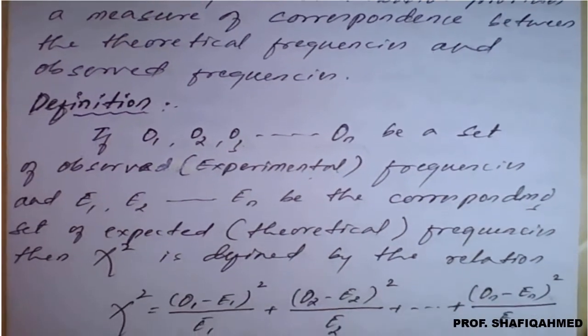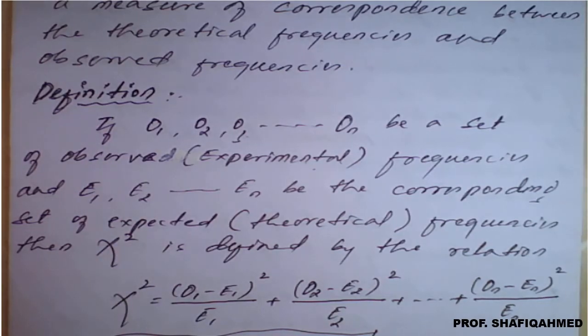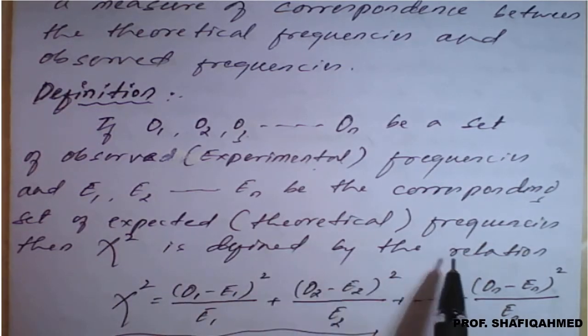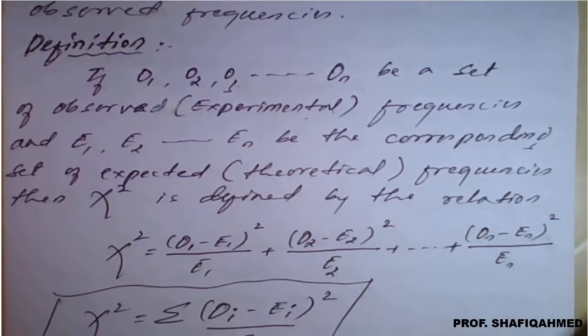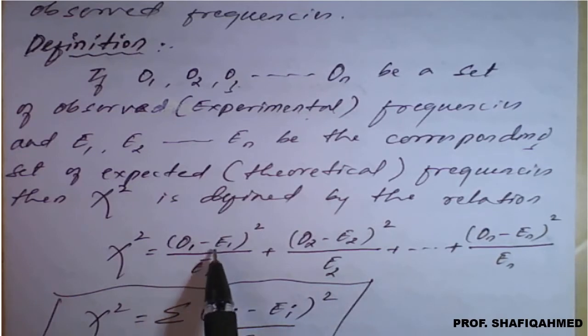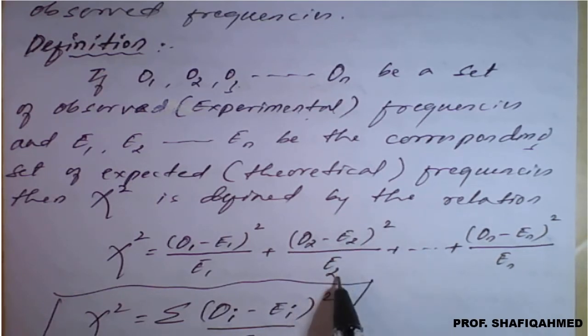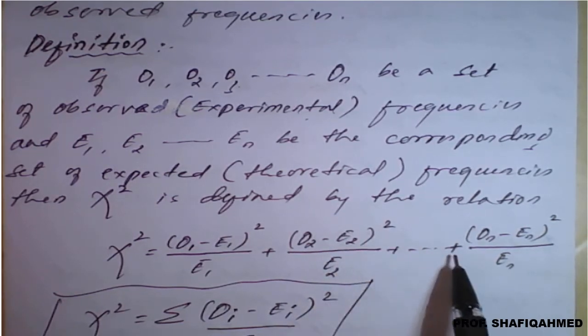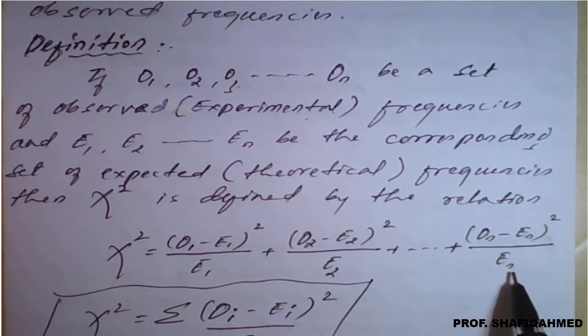Then, this is not X, this is the symbol chi-square, which is defined by the relation: chi-square is equal to (O1 minus E1) whole square divided by E1, plus (O2 minus E2) whole square divided by E2, plus so on, (On minus En) whole square divided by En.